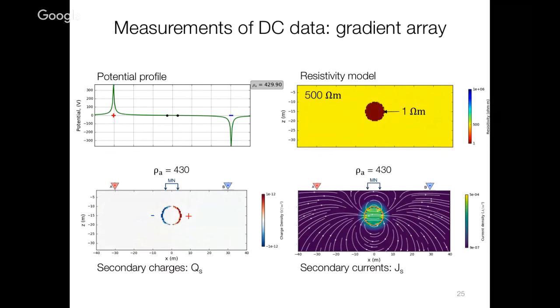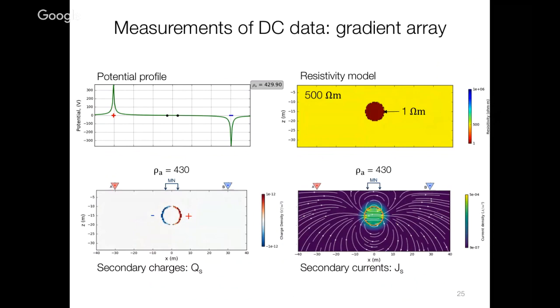Just to remind you, we've got a conductive cylinder here, 1 ohm meter, in a 500 ohm meter background. And that's going to set up these charges, electric potential up here, and an apparent resistivity of 430 ohm meters. Good, right?